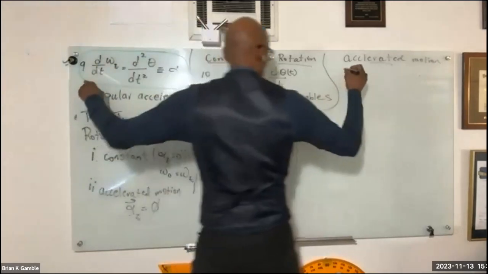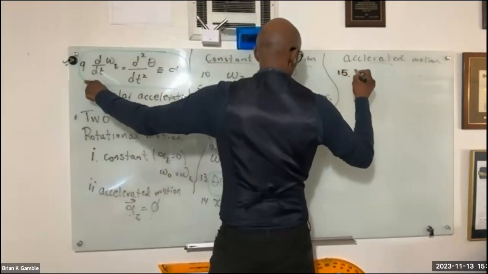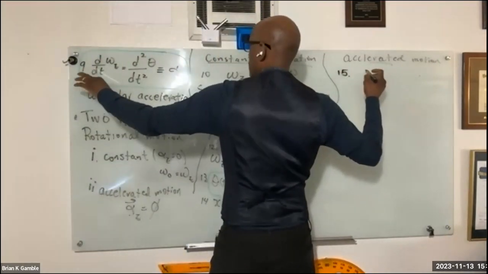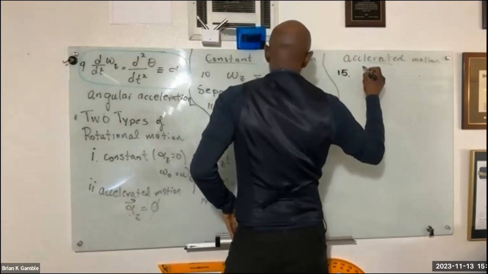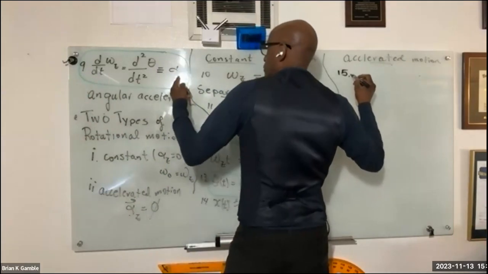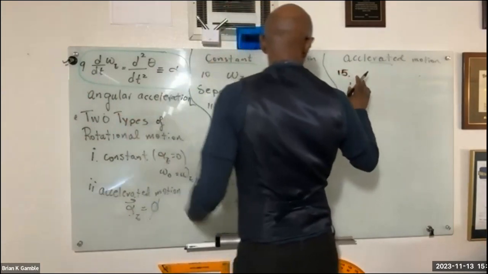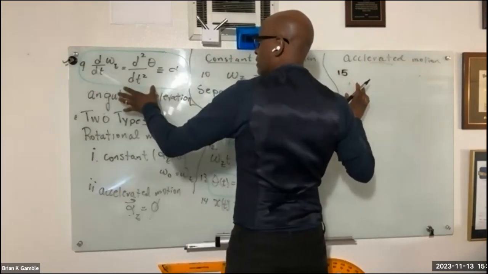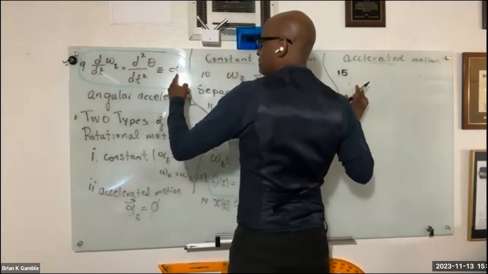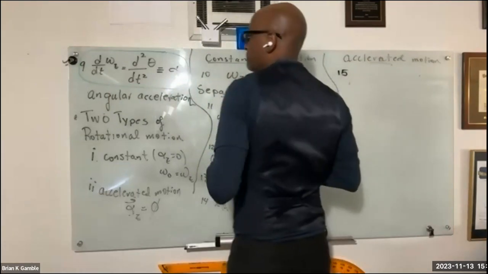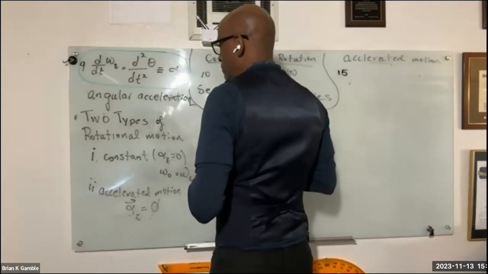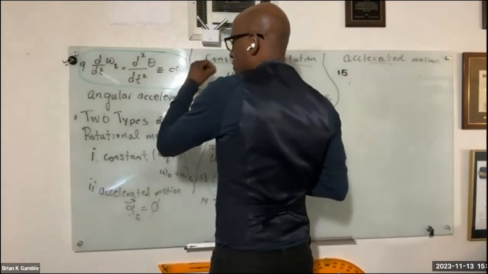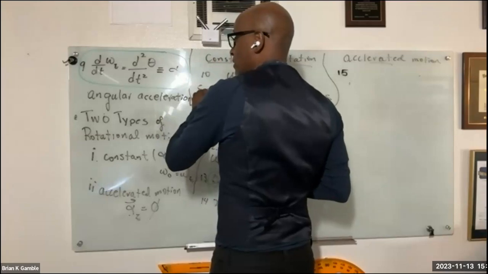Again, we're going to separate the variables. We're assuming we have constant acceleration, so separating. Remember, acceleration is radians per second squared.